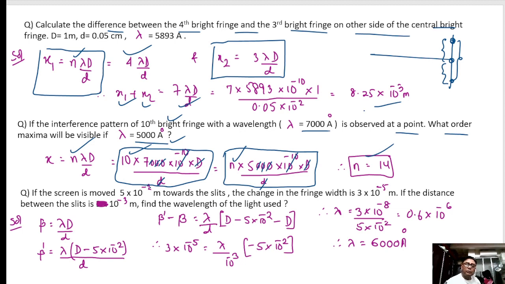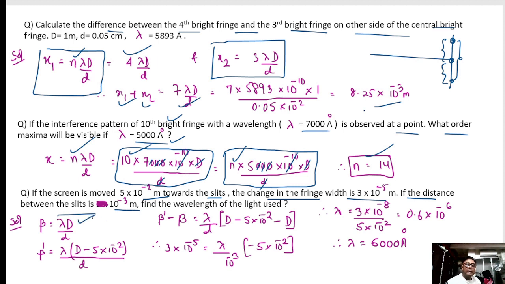If the screen is moved this much meter towards the slits, the change in the fringe width is this. If the distance between the slits is this, that means d is given to us, and screen is moved this much, find the wavelength of the light used. Here initial fringe width was this.